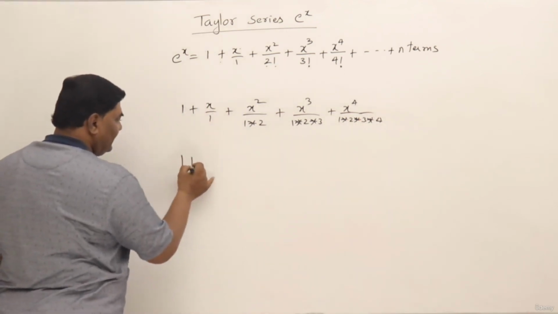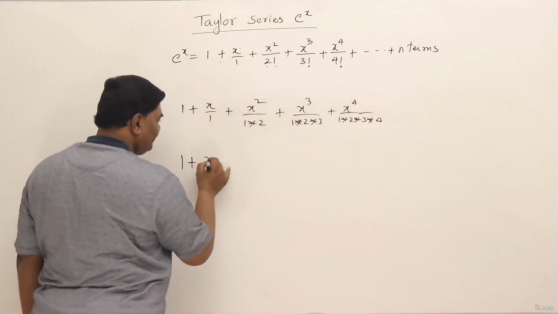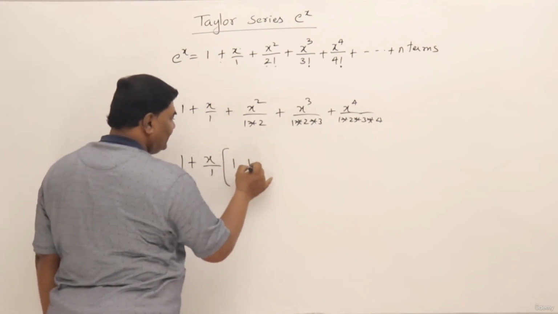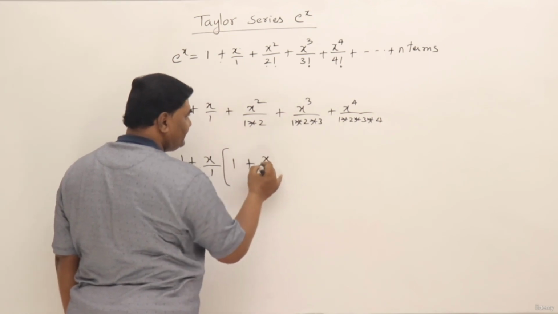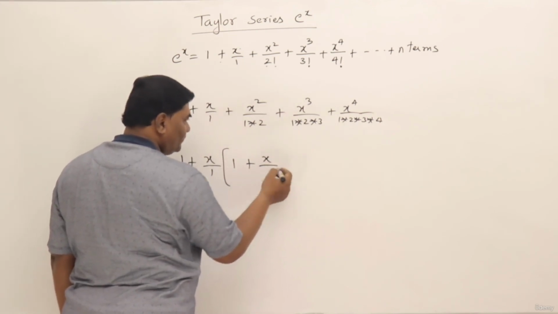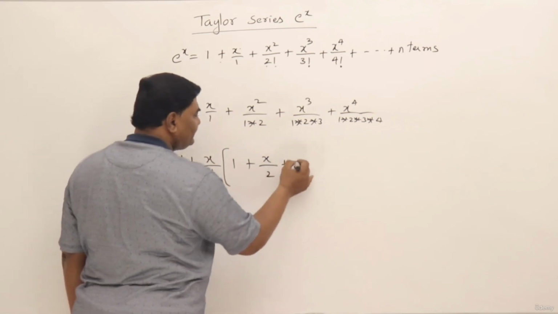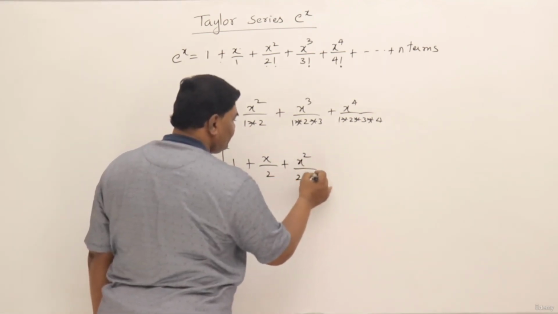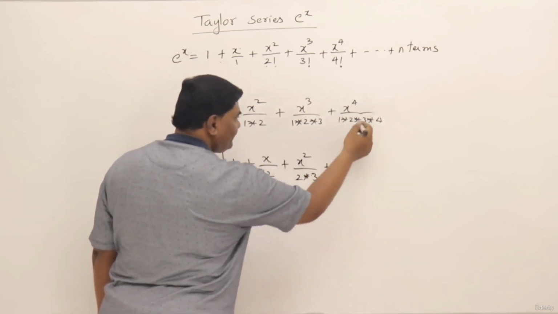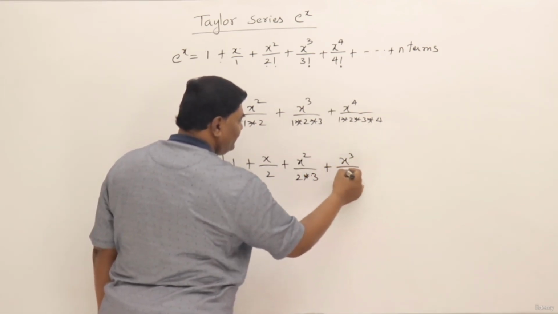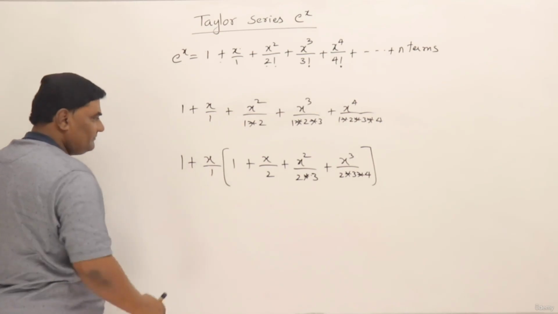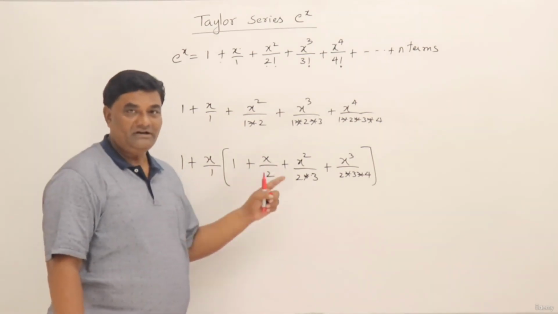Now in this I can take x as common for all, and the denominator is 1. So this is 1 plus x into, by 1 into 2, let us write 2, plus x square by 2 into 3, and plus x cube by 2 into 3 into 4. So I have taken the first common term. Numerator and denominator both have reduced.